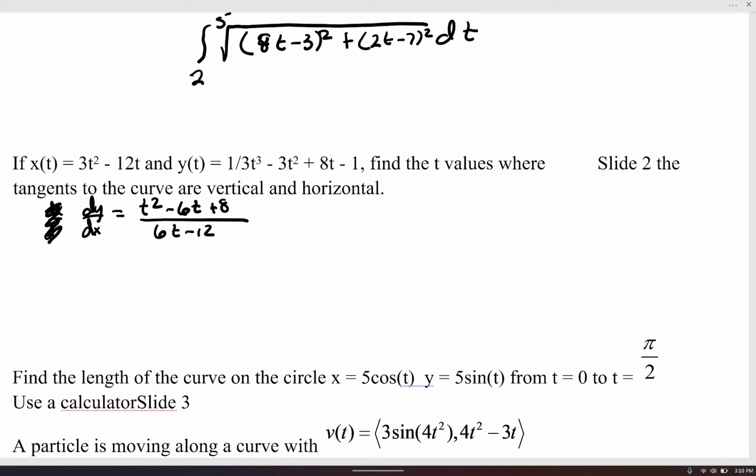So horizontal, that factors into t minus 2 and t minus 4. So t equals 2, t equals 4. And vertical, we got 0 is equal to 6t minus 12. So 6t equals 12, and so t is equal to 2.